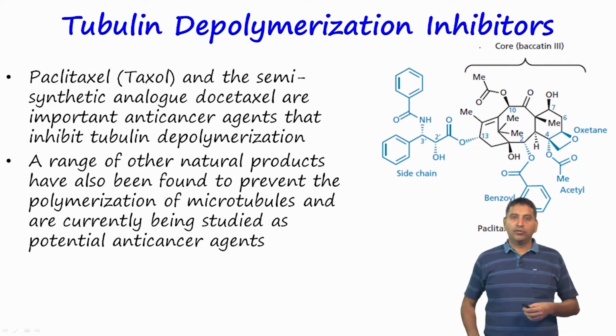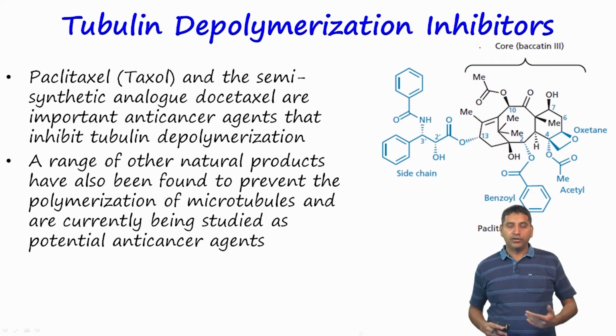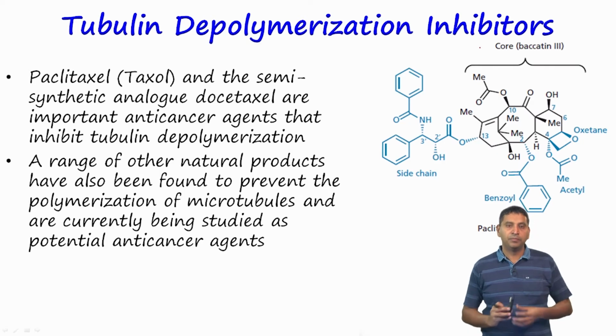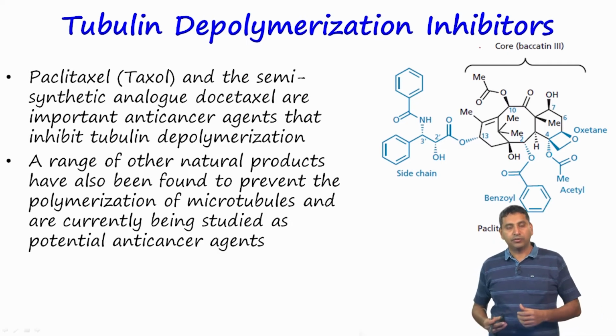The counter view, or the opposite example, is tubulin depolymerization. Tubulin depolymerization also needs to occur, because this is a process by which the cell functions normally, and so inhibition of depolymerization also becomes an important way to inhibit cancers.